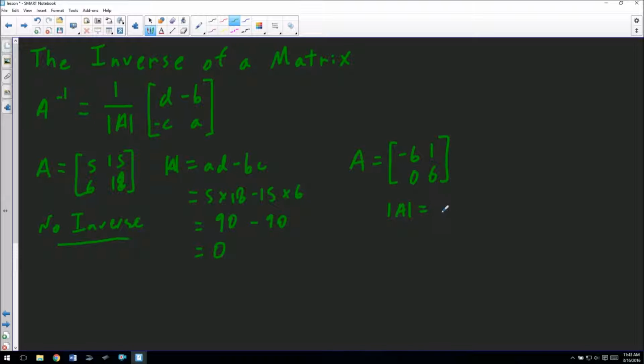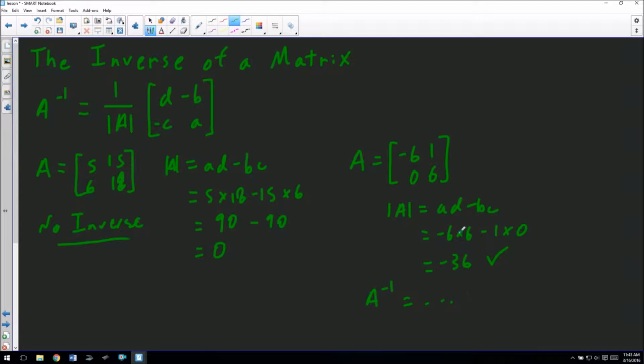So the determinant is AD minus BC, which is negative 6 times 6 minus 1 times 0. So then we just get negative 36, which is good because we can. So we are going to find the inverse. We are going to be able to find the inverse of this matrix.